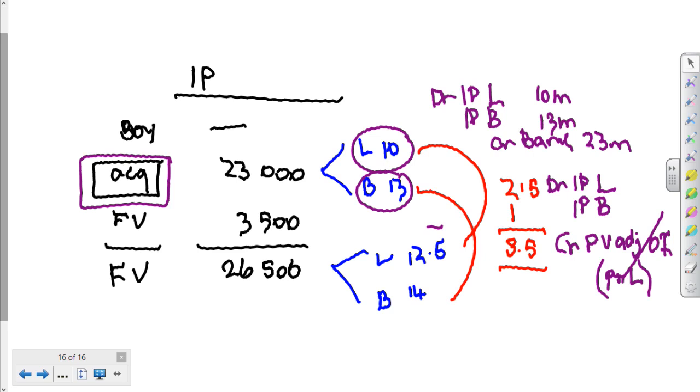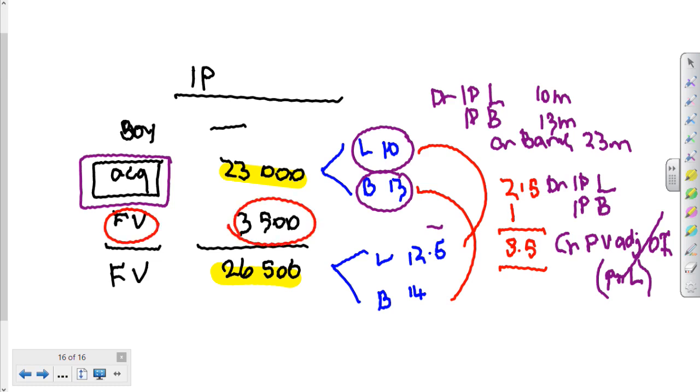Then there was an acquisition of 23 million, land of 10, building of 13. And then there was a fair value at end of year of 26,500, land of 12.5, building of 14, which then meant that I had a fair value adjustment during the year of 3.5.